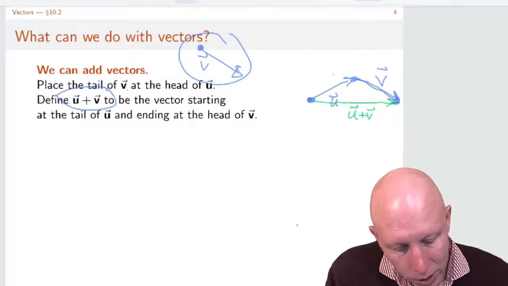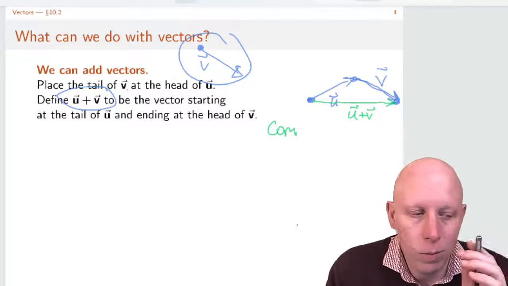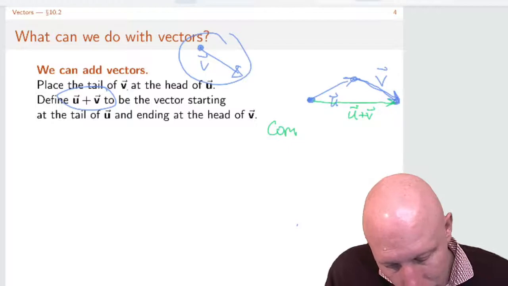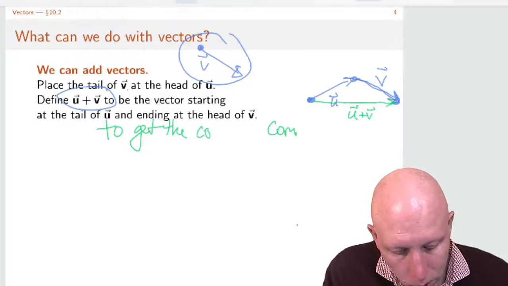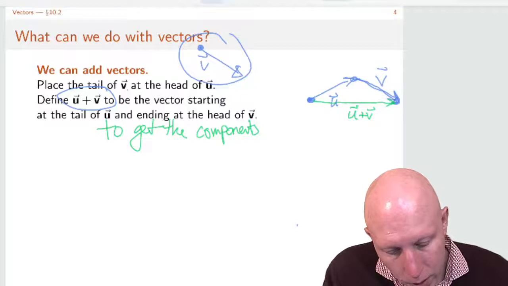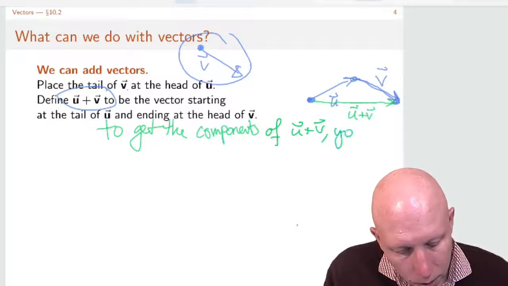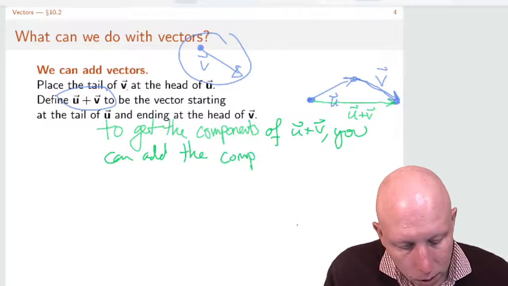If you think about what's happening component-wise, so if you need to do this with some numbers, you can, so let's write it in words, to get the components of u plus v, you can add the components independently.